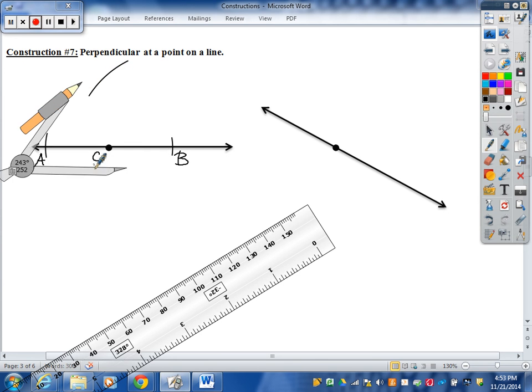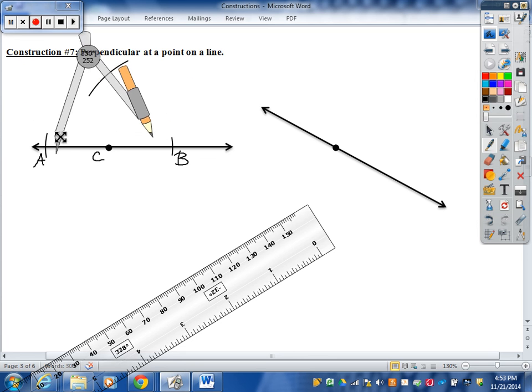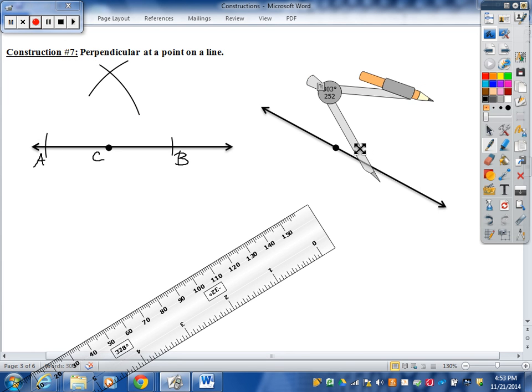And I'm going to do the same thing from the other side. Make an arc. Okay? And so this point right here, point D, is also the same distance from point A as it is from point B. And so these 2 points, B and D, are the same distance from these two endpoints, A and B.